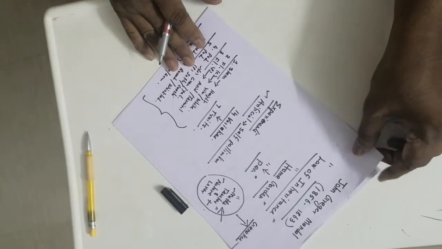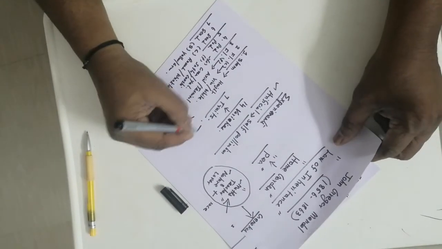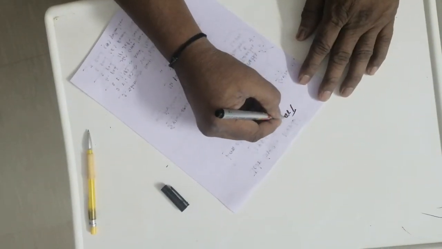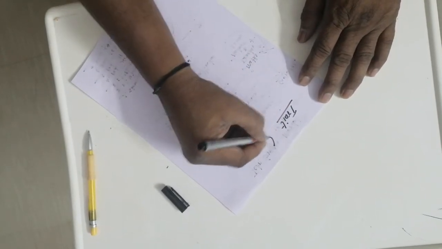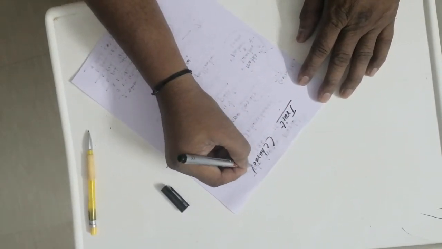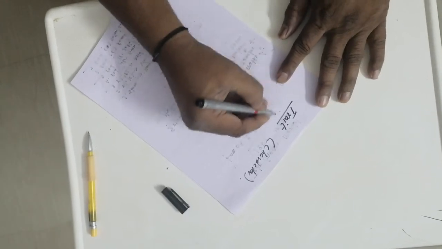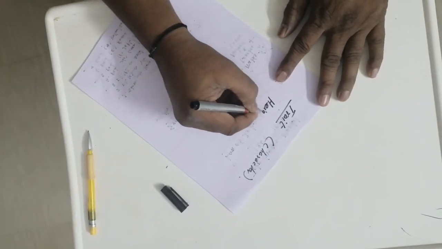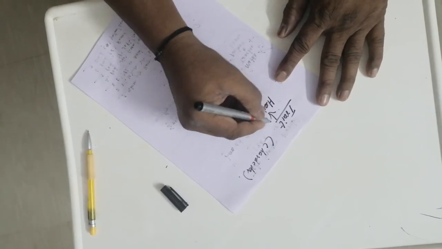So what he did actually is, what is this trait? We will see what a trait means. Trait is a character. So what he has selected, suppose we see the height. Height is a trait.